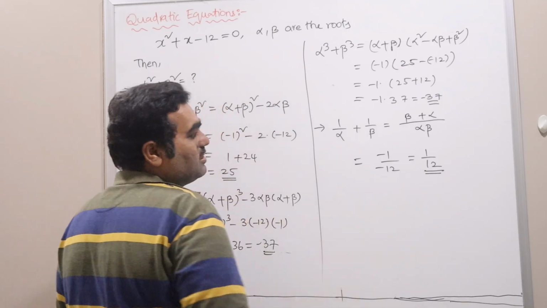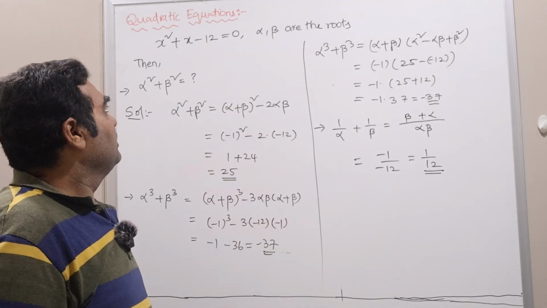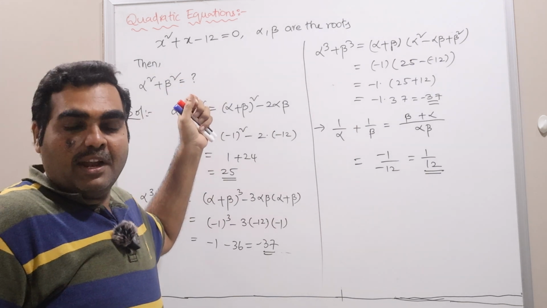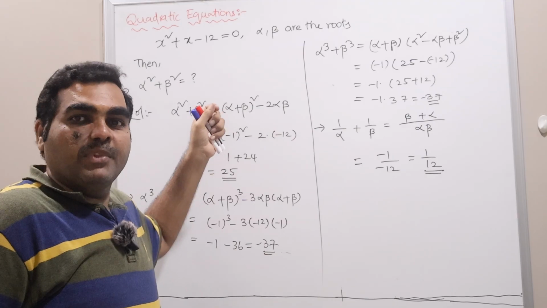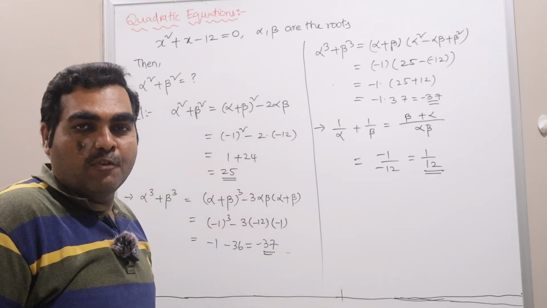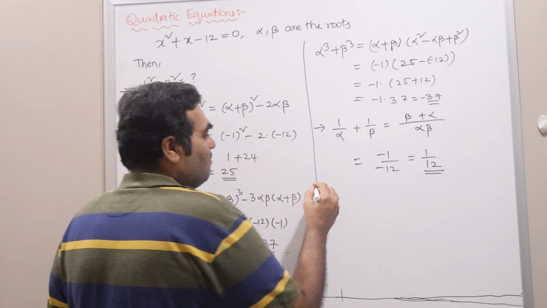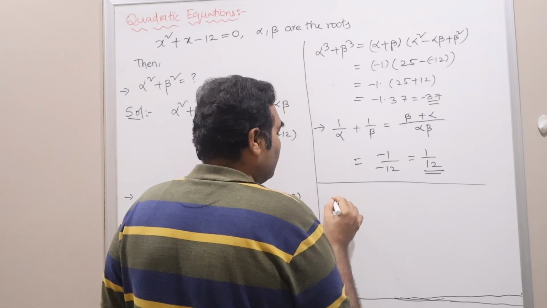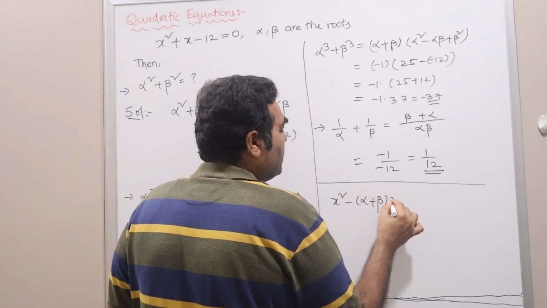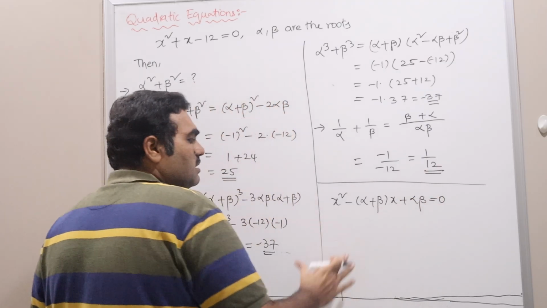So this way you can find many combinations. Whenever you get such questions, you can apply just the relation between coefficients and the roots, identify alpha plus beta and alpha beta, and then it is very simple. I hope you got it. So this representation that we have discussed here, x square minus alpha plus beta x plus alpha beta is equal to 0, please remember.